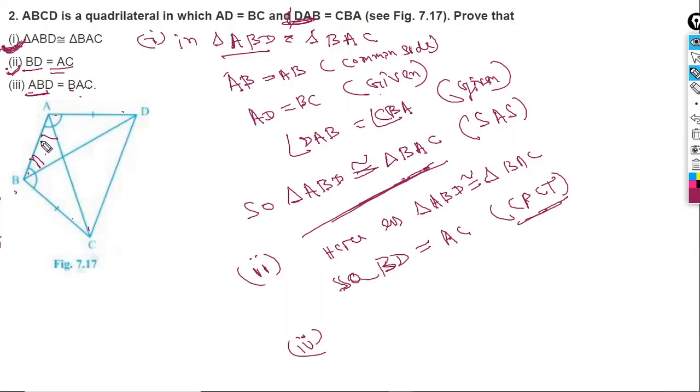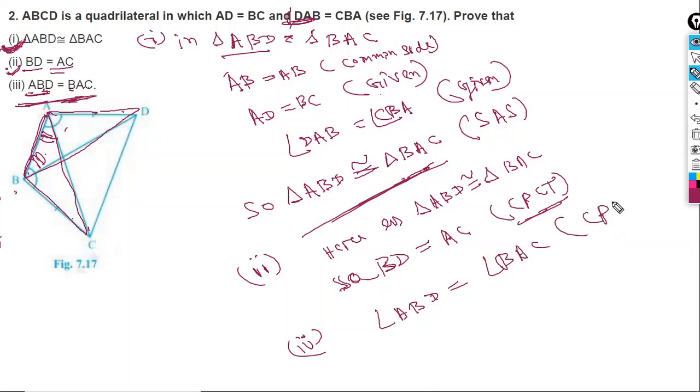Are these two angles also corresponding parts of triangle ABC and triangle ABD? Yes, they are corresponding parts. Therefore, you can directly write angle ABD equals angle BAC. Why? CPCT. So we have proved all three parts, part 1, part 2 and part 3.